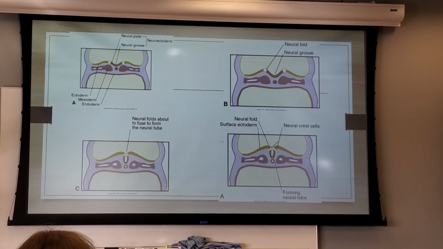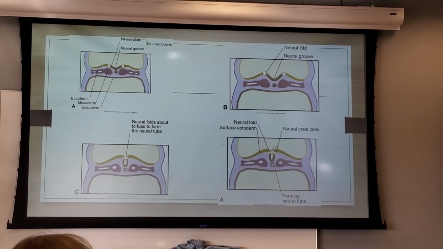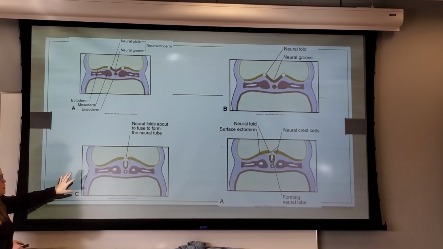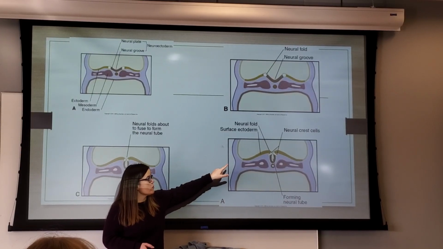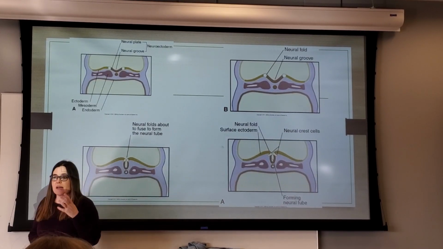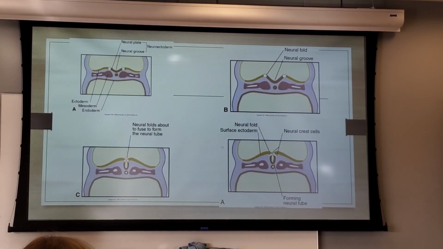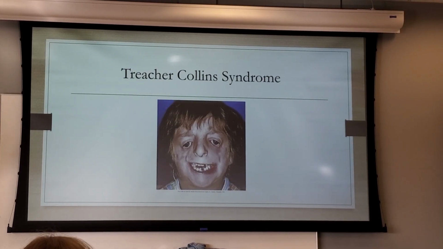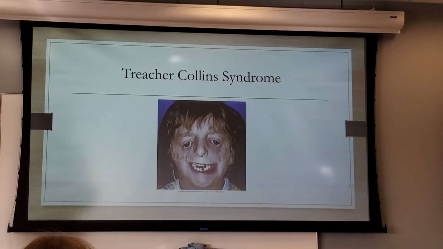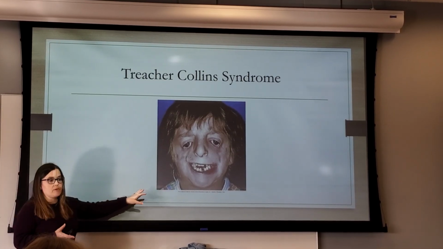So the neural crest cells, okay, when we start folding and fusing together, when we get to this part here, we have the neural crest cells that give rise to our facial structure, right? If we didn't have proper migration of our neural crest cells, we end up with something called Treacher Collins syndrome, right?